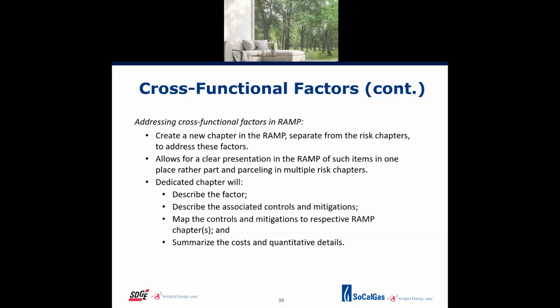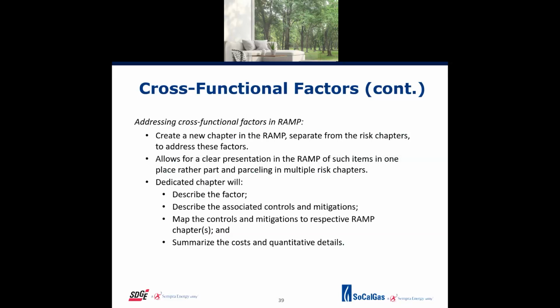But I'd like to pose a question with respect to this and the wildfire mitigation plan. When you submit your wildfire mitigation plan, will these cross-functional factors be part of that and be considered within that, such that, being a subset and also being transferred to the RAMP, we will then see some sort of quantification that follows?